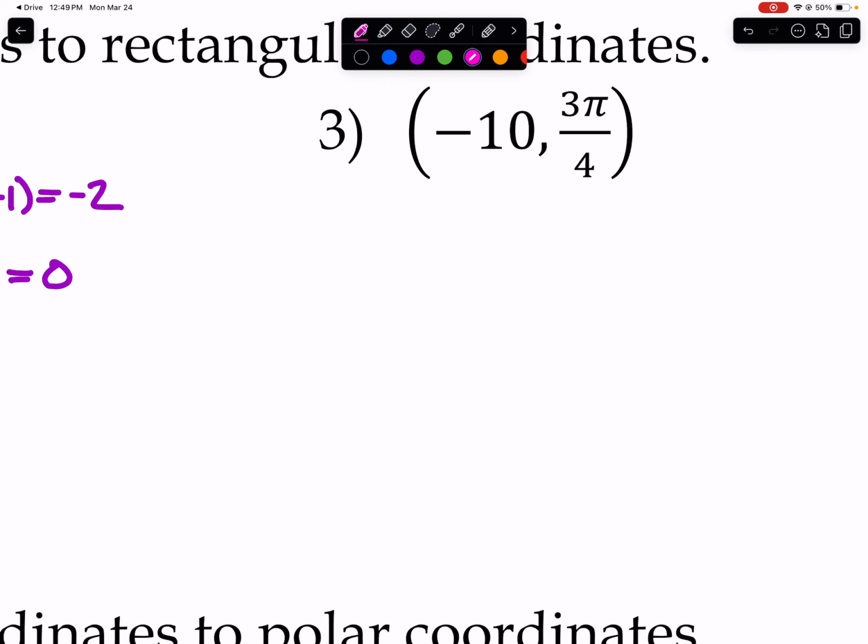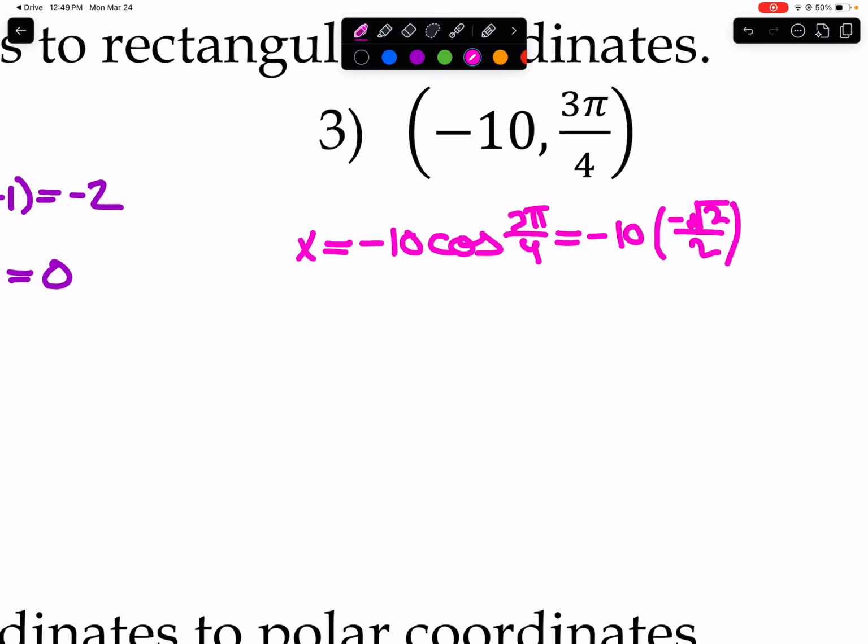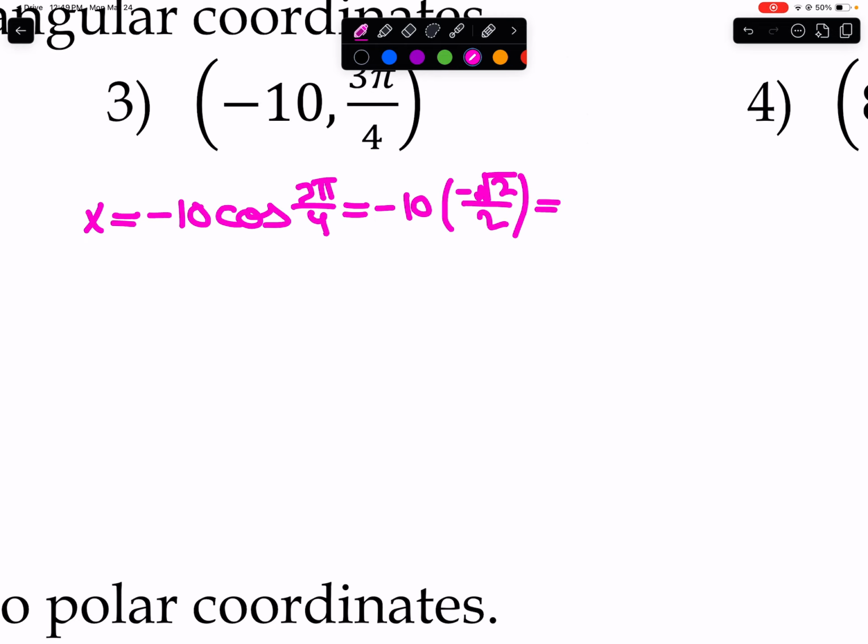All right, number 3. So we've got -10 cosine 3 pi over 4. So this is going to give you -10 times negative root 2 over 2, because we are in quadrant 2, which is going to simplify to positive 5 root 2.